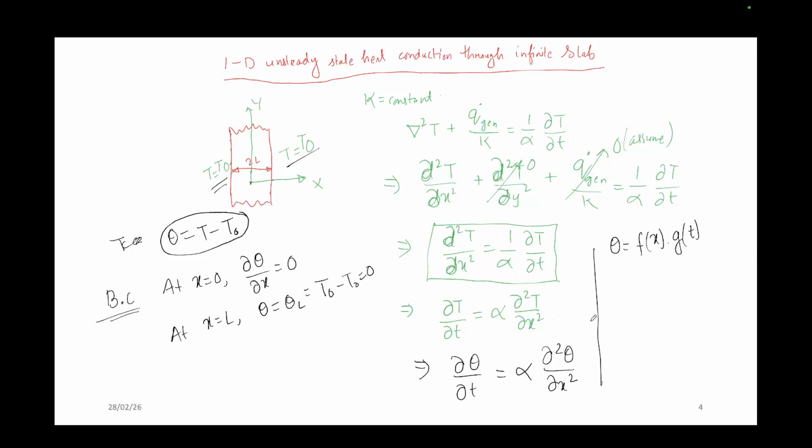Now if I take d theta by dt, here f of x is a constant because it's a derivative of this one. So in short I write it as f g dash.